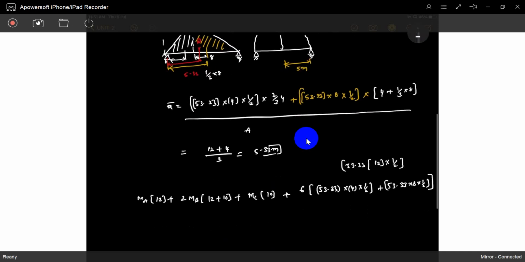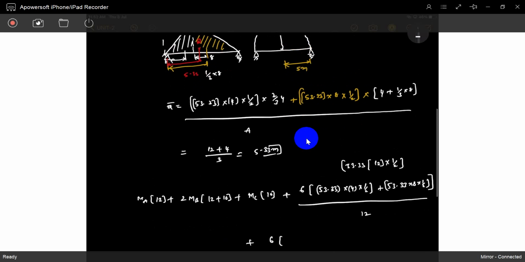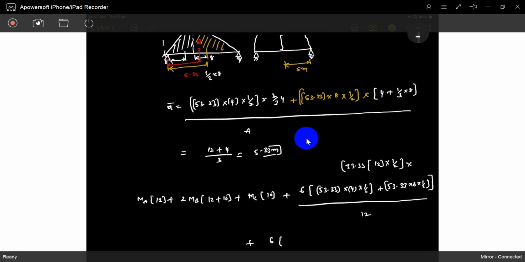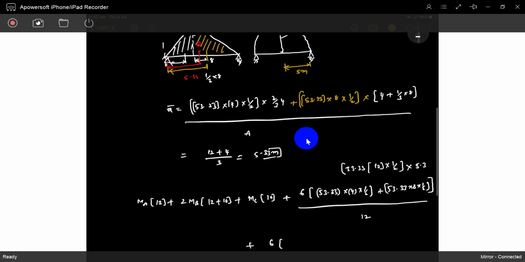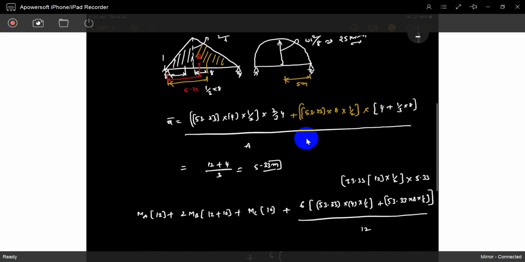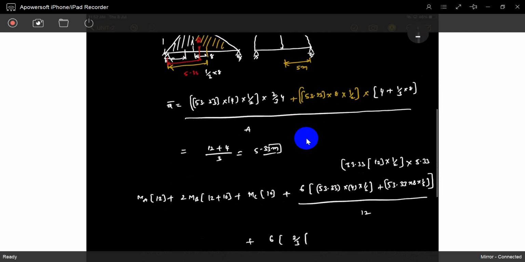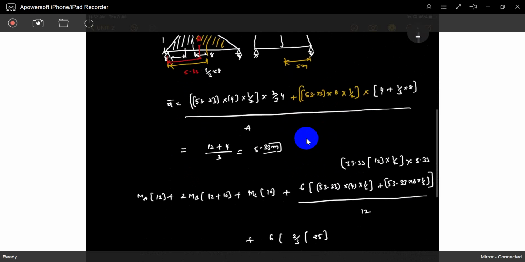So divide by L. L is 12 plus second one is 6. Area is, so automatically x1 is there now, multiply with distance of 5.33, area into x1 divided by L1. Second one is 2 by 3 of 25 into 10, that is area.